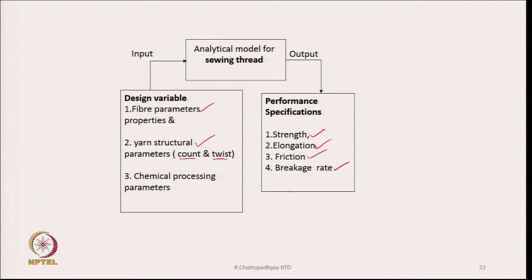So, in 1 there could be sub parameters, fiber parameters which are relevant for strength, maybe the fineness of fiber, the strength of fiber, structural parameters of the yarn could be count, twist, how many plies are there, and that we try to relate with strength. And if that model is available, we make use of the model to find out what combination of design variables will give me the strength that I need.